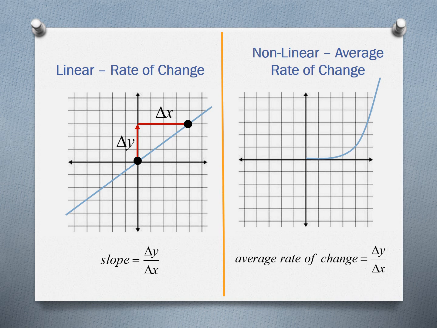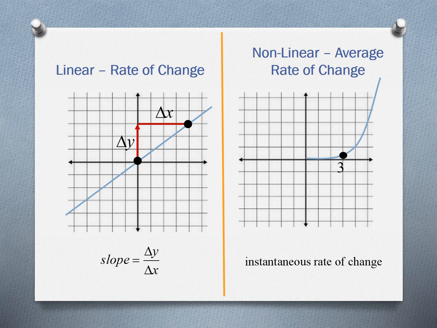No problem. For a nonlinear function, maybe I'm looking at the average rate of change for a segment or an interval of that function. We talked about that in a previous lesson too, maybe an interval from 1 to 4, for example, and then I might observe the change in y over the change in x.